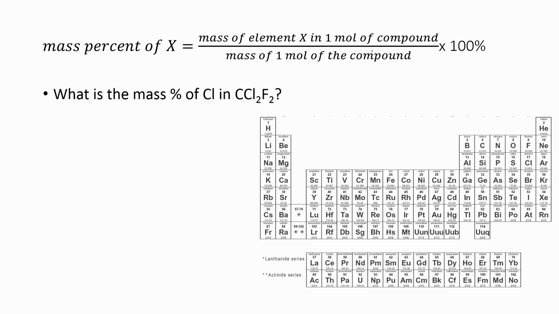So what does that mean in English and in reality? Well, if we're looking at the mass percent of chlorine in CCl2F2, a chlorofluorocarbon, we can simply look at the molecular mass of chlorine, 35.453.